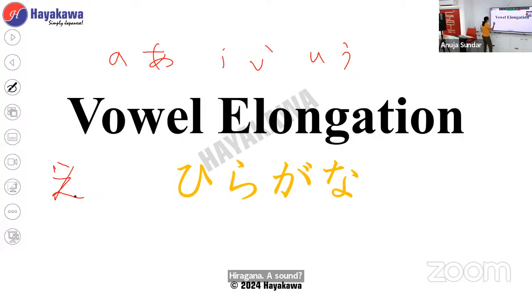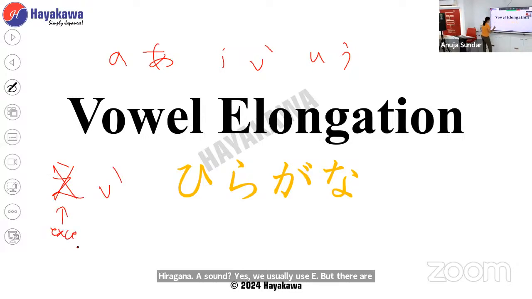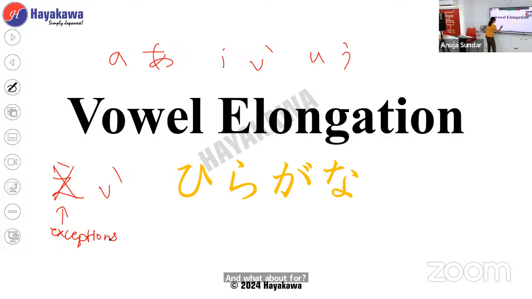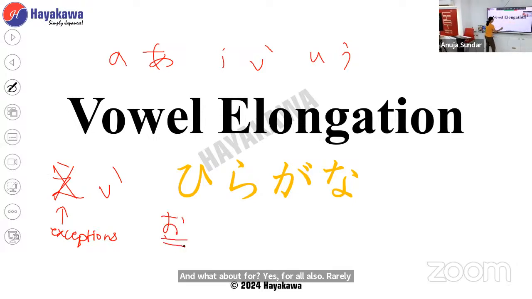Yes, we usually use i for the e sound, but there are some exceptions. And what about the o sound? For o also, rarely we use o. There are some cases, but by and large, we prefer to elongate it with u. So this is the general rule.